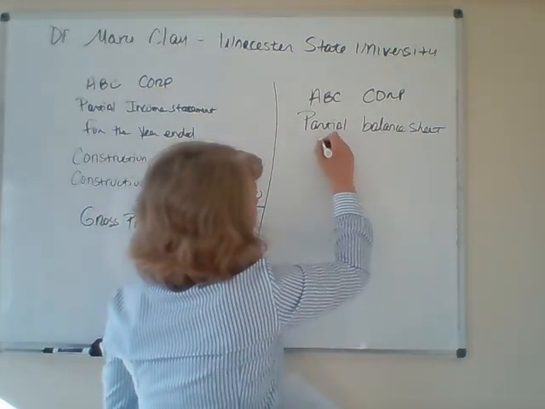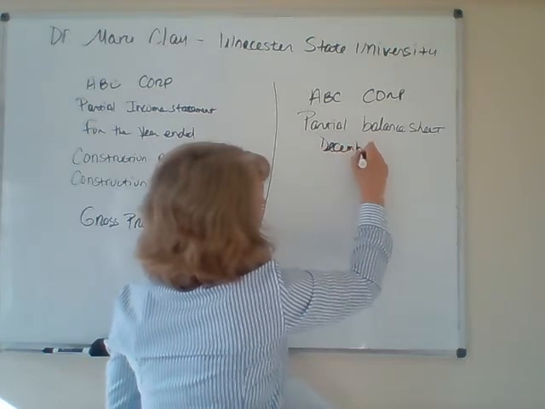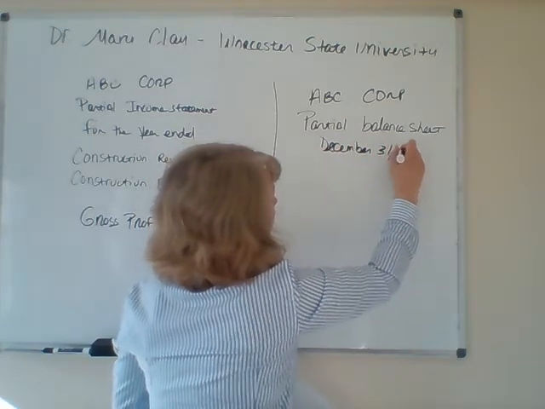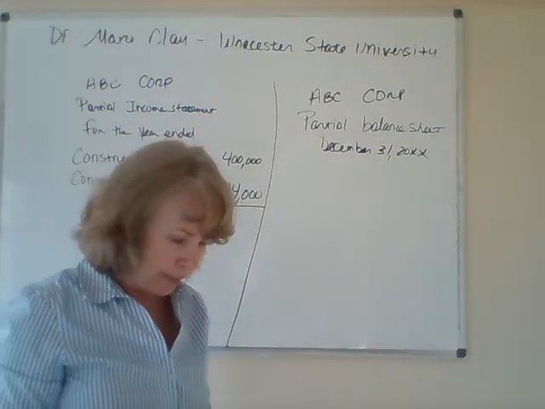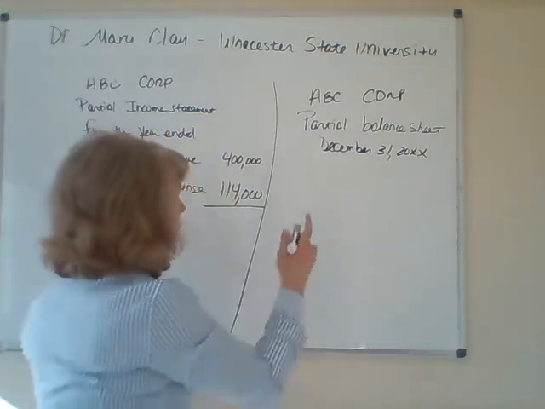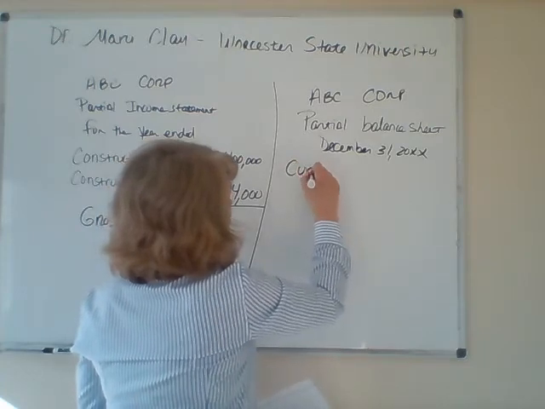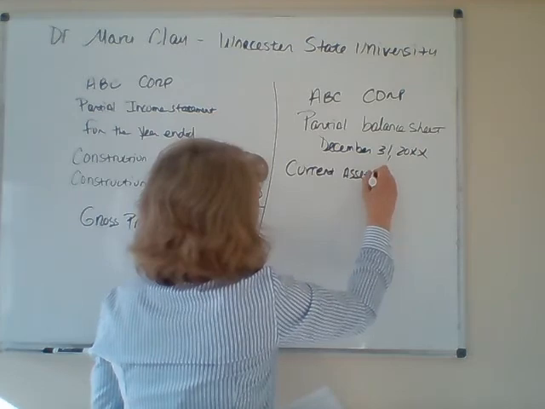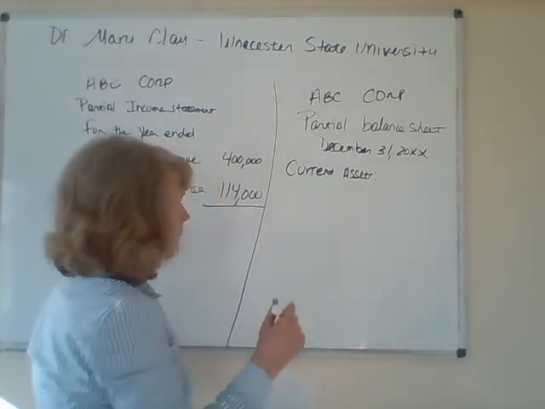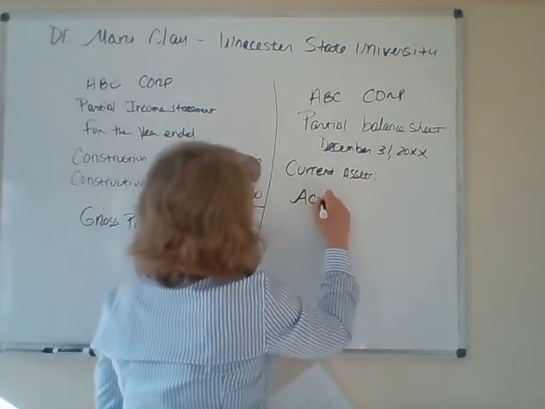So if it's December 31st, 2000XX. Remember, dates for balance sheet, it's at that point in time. Okay, so you would have current assets. All right, and next you'd have accounts receivable.